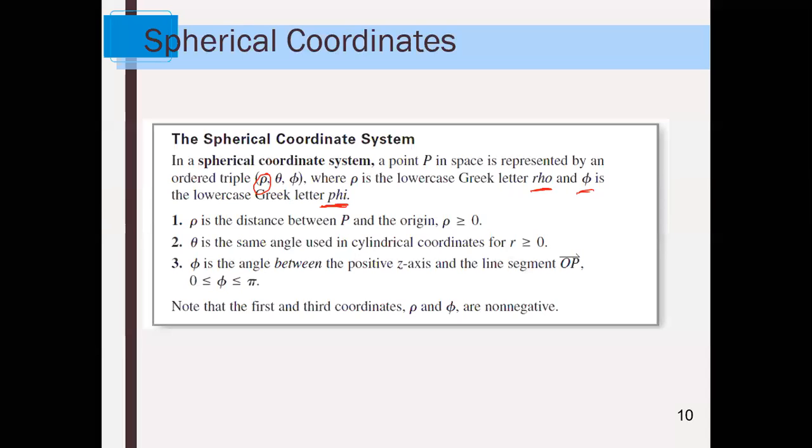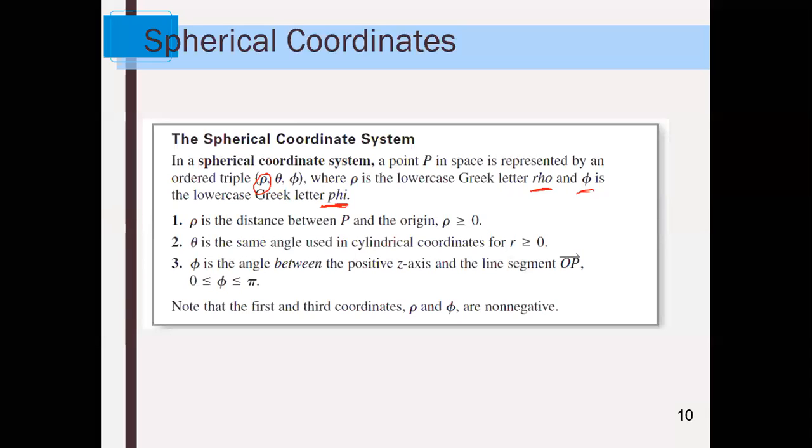We put the stipulation on here, at least the book does, that rho is positive, and phi is non-negative. It could be 0. Phi is between 0 and pi. That's not actually necessary for the case of rho. You could deal with rho just like you did with r, right? If r is negative, we knew what to do, correct?